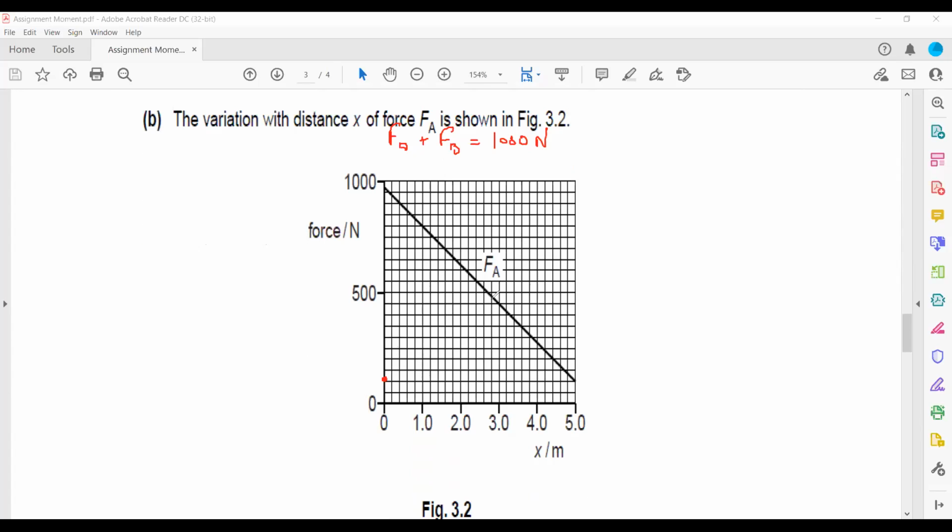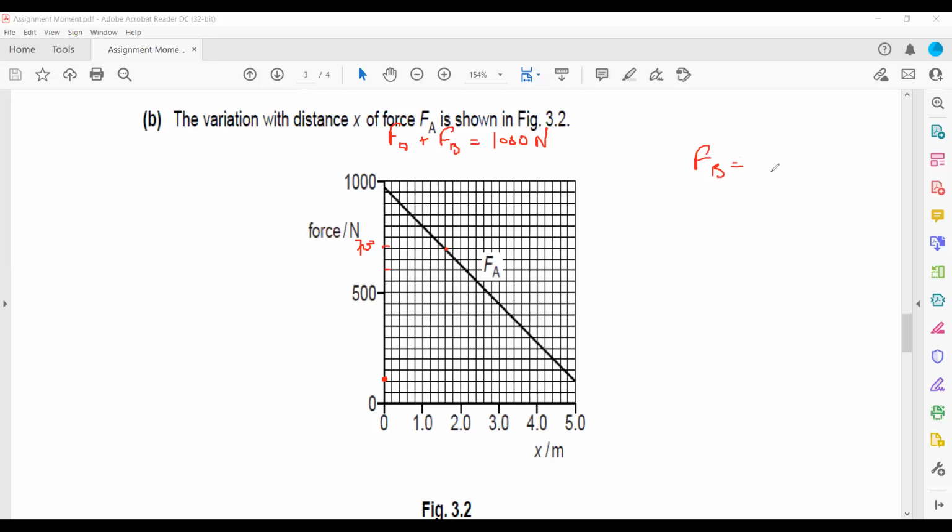Then you can take different values, for example the values which are easy to understand. If this point for FA is 500, 600, and 700. So if FA is 700, then FB will be how much?